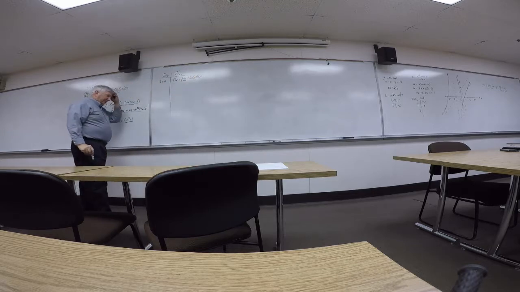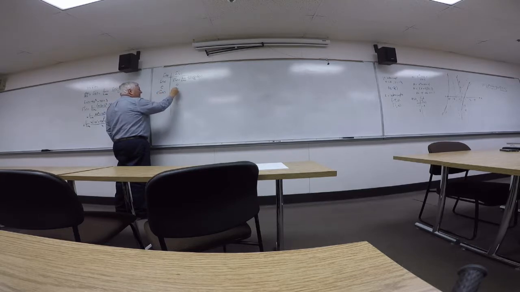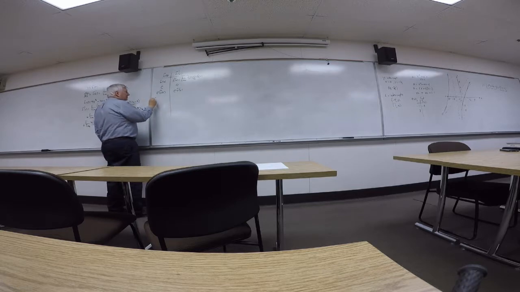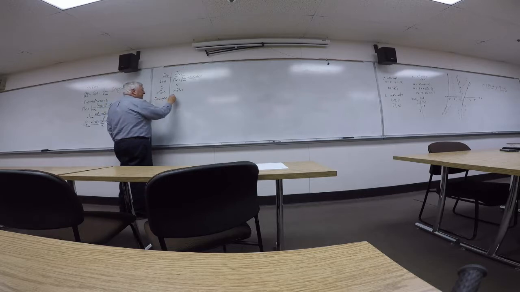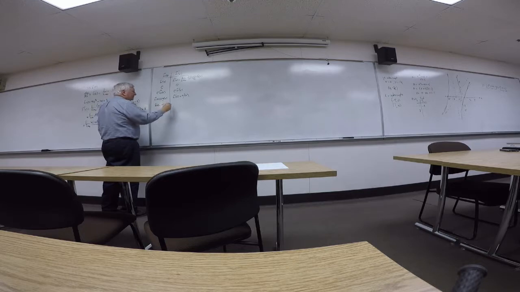There's our definition. But then we have a constant whose derivative is 0, a constant times a function whose derivative is the constant times the derivative of the function, a sum of functions, f of x plus g of x, whose derivative is the sum of the derivatives. Difference, f of x minus g of x, is f prime of x minus g prime of x.